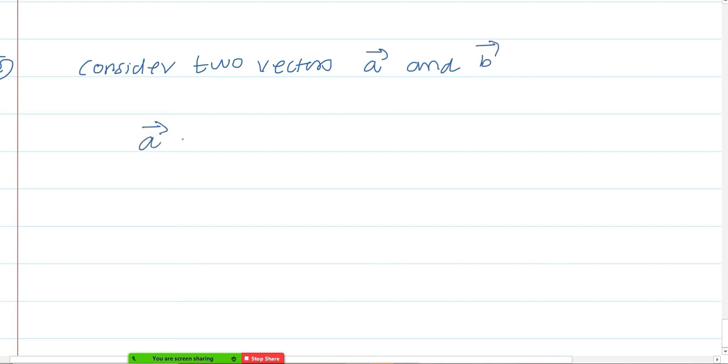Consider two vectors A and B. A vector dot B vector will be same as B vector dot A vector. This is called commutative property. Considering numbers, 5 plus 3 is same as 3 plus 5.